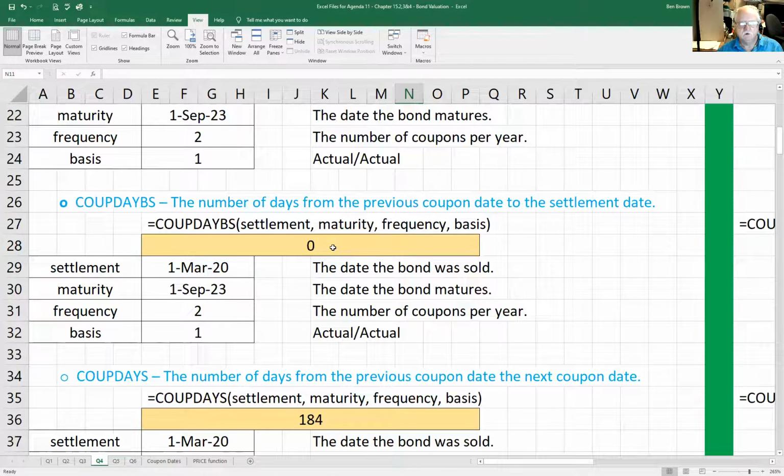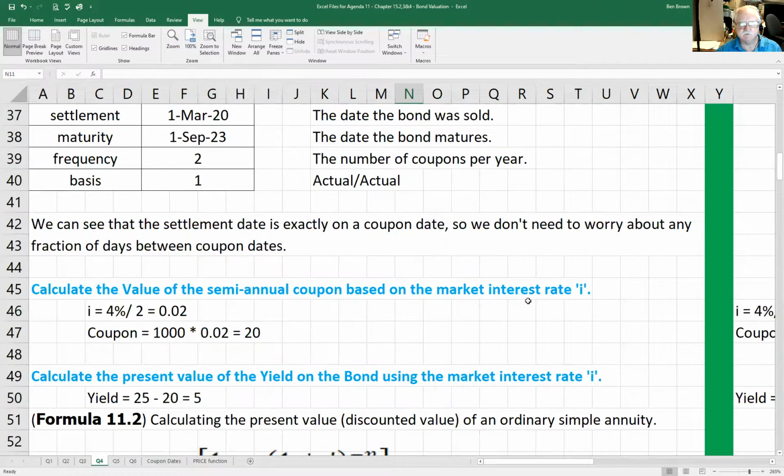And because this is 0 out of 184, we can see that this thing is sold exactly on the coupon date. So we don't need to worry about any fraction of days between coupon dates because they were nice and this thing was sold right on the coupon date.